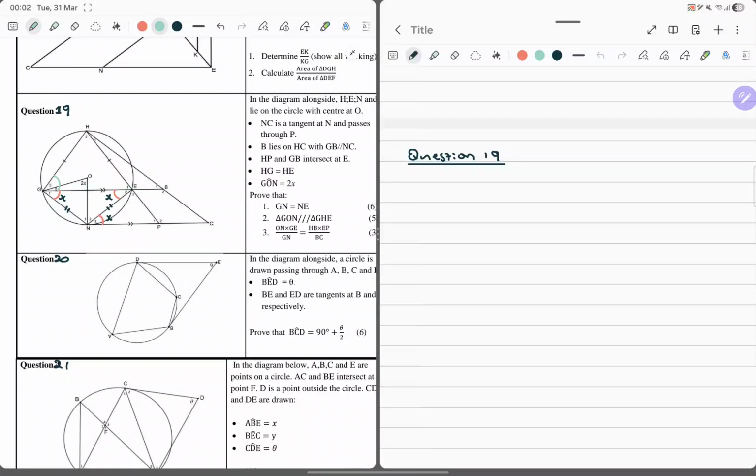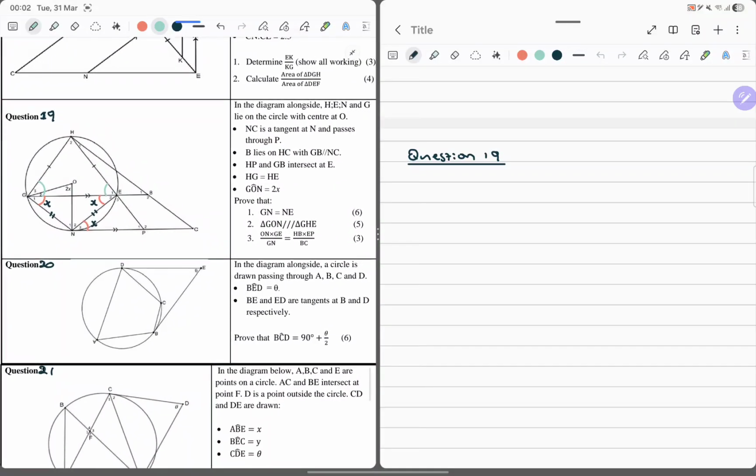So we can see that G2 and G3 must be equal to this one over here. Right, again, we can look at these as angles opposite, or should we say angles subtended by equal chords, or angles opposite equal sides in that triangle. Right, and now we're told that GON is 2x. We already saw it. Now let's get to the proofs.